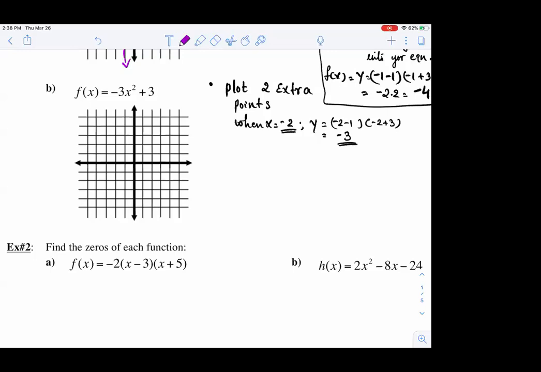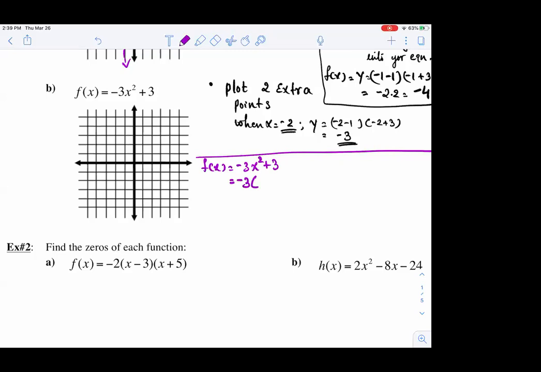So first, f of x is equal to -3x squared plus 3. Factorize it. If you factorize, you will get the intercept form. Do we have any greatest common factor? Yeah, 3. But I'm going to take -3, because remember, every time we have an equation where the start is negative, we take that out, -3.